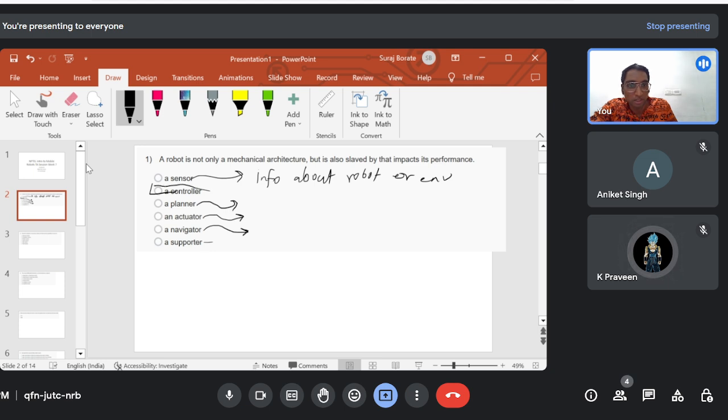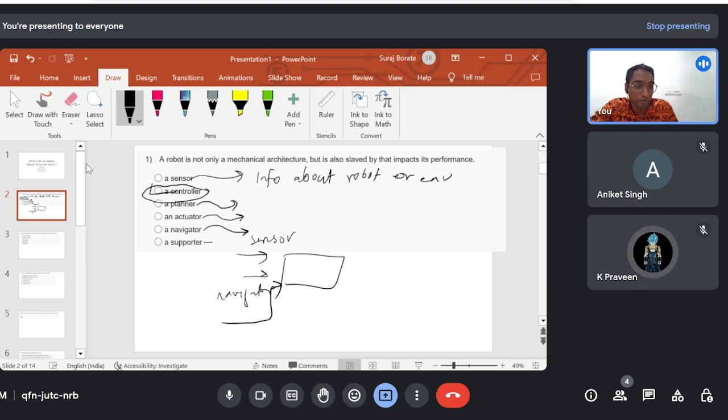But the controller is the thing that is the boss of everything, because the controller takes inputs from the sensor and the navigator, takes the desired input from the planner, and outputs the control command, and this control command goes to the actuator.